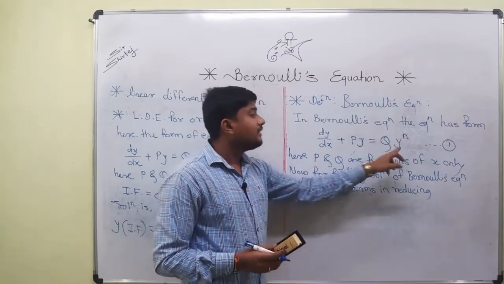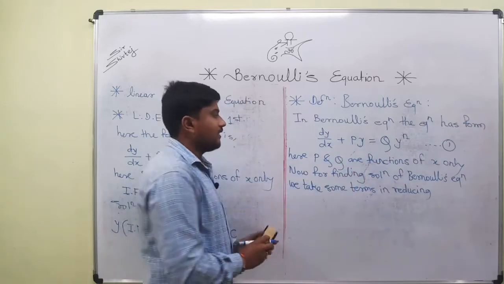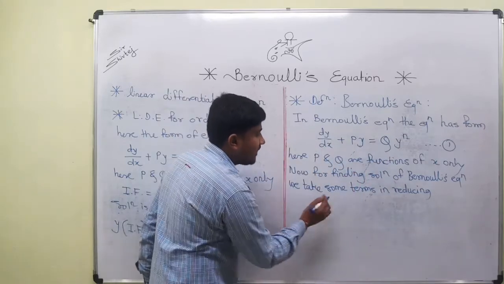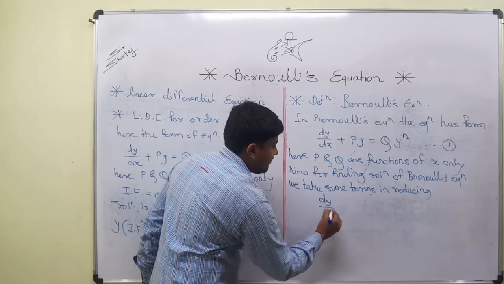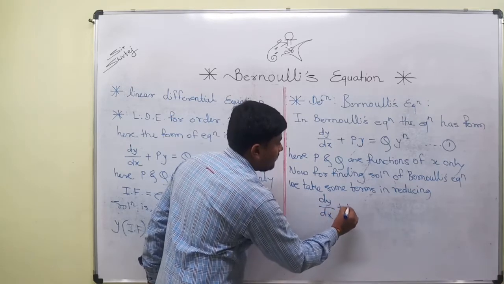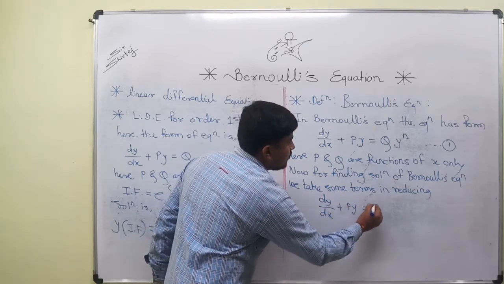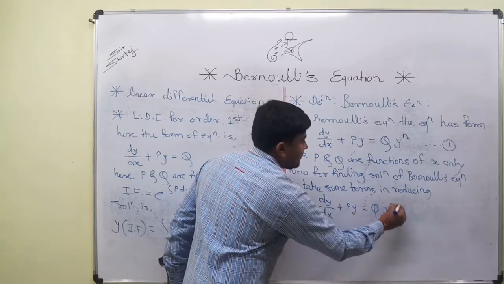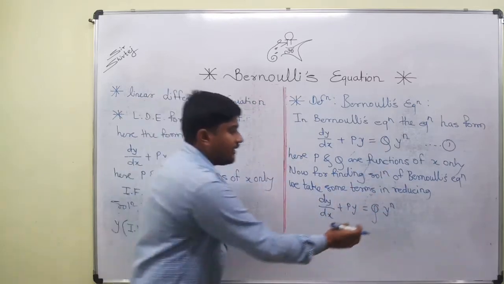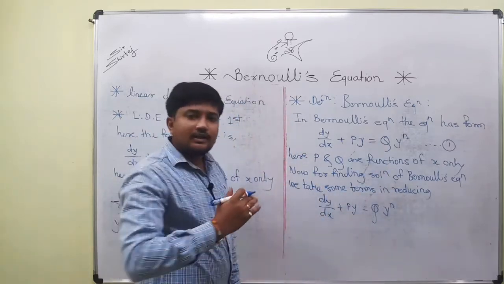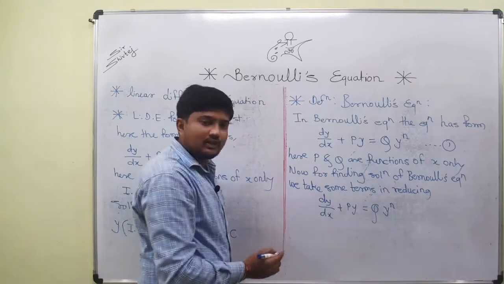For eliminating y raised to n, we take the equation as it is: dy by dx plus Py is equal to Q into y raised to n. Now for eliminating that y raised to n, we divide by y raised to n on both sides.